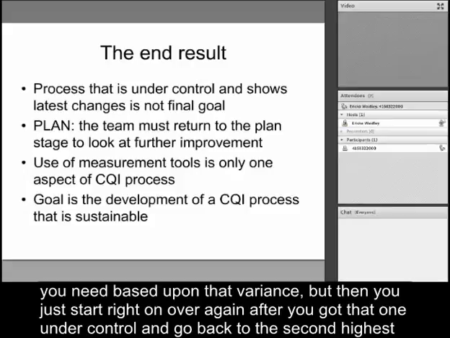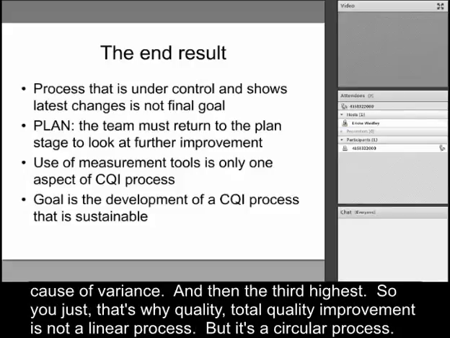But then you just start right over again after you've got that one under control and go back to the second highest cause of variance, and then the third highest. So that's why total quality improvement is not a linear process, but it's a circular process.